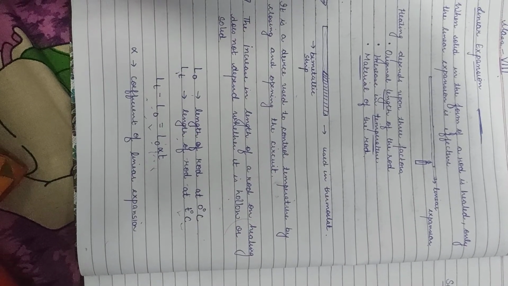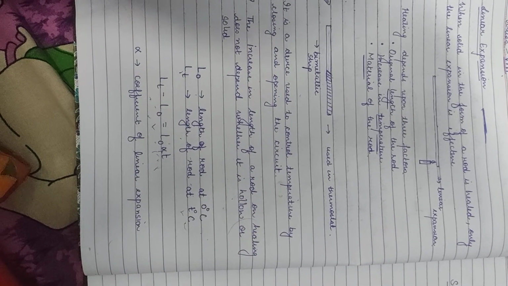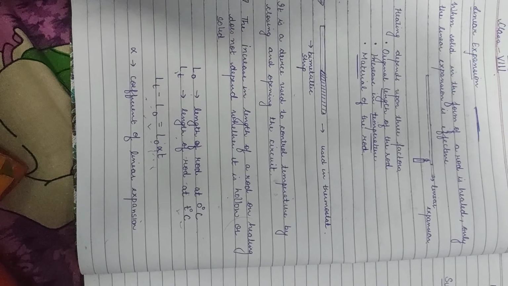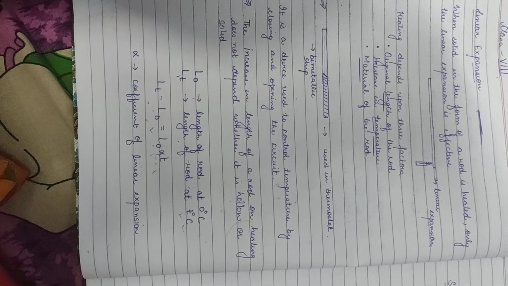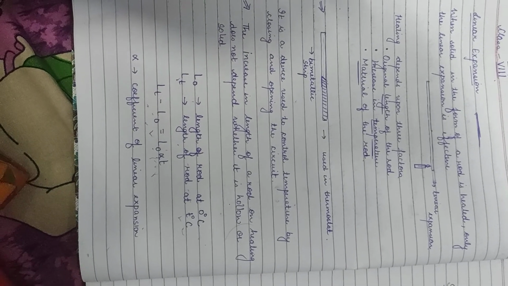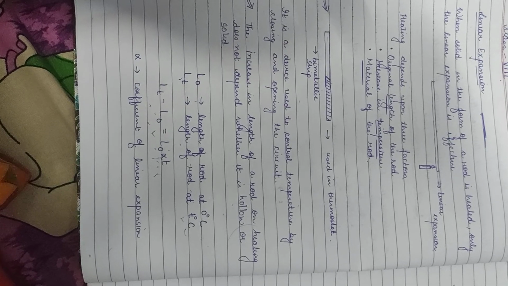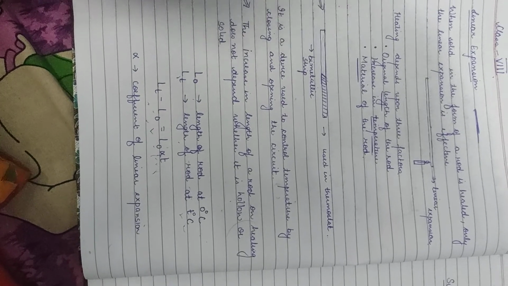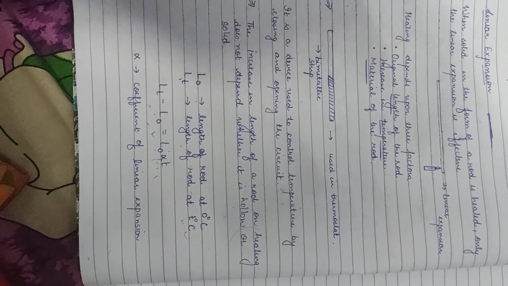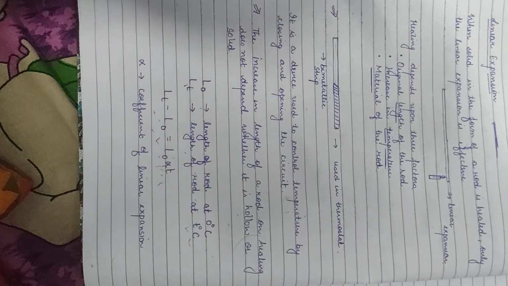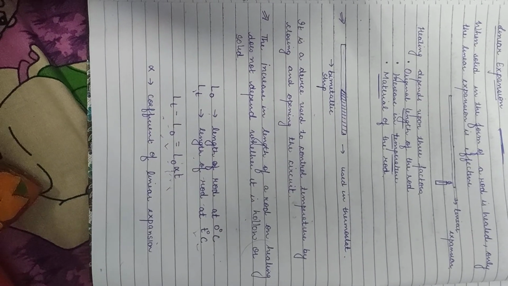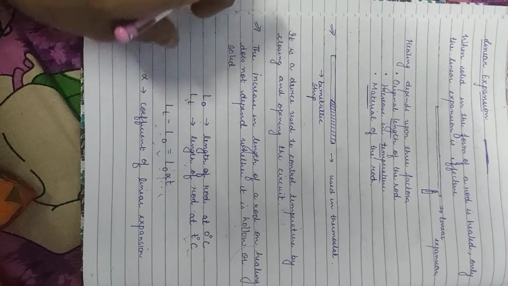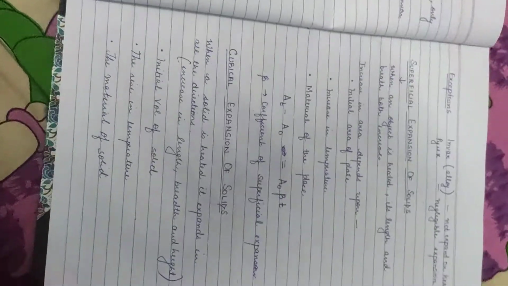Some of the coefficients of linear expansion are also given in your book. You see in this range, invar is having a very low value of coefficient of linear expansion. It means it doesn't expand on heating. Which is having low coefficient value, it means it doesn't expand on heating.